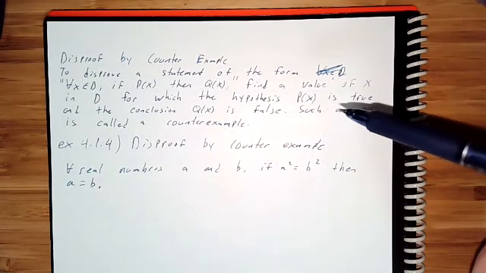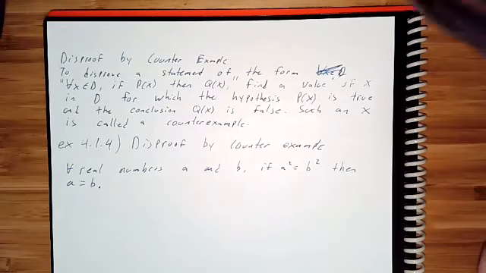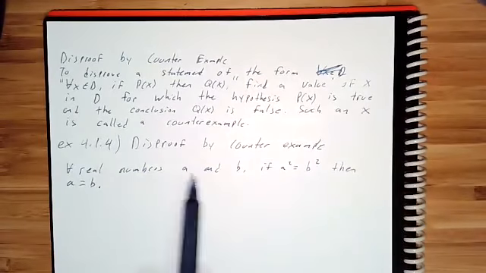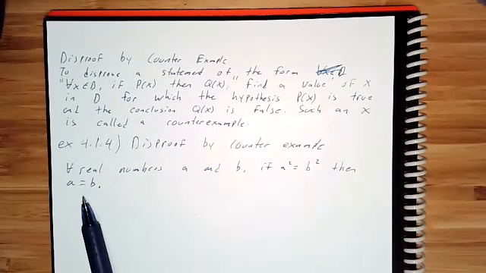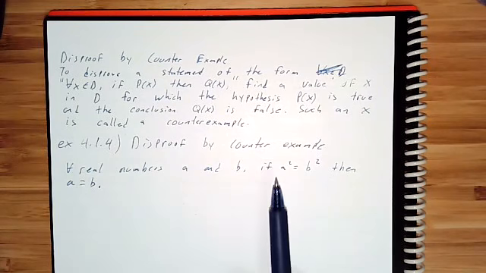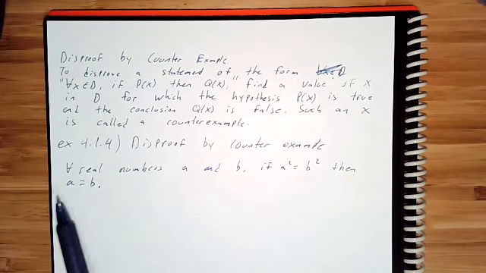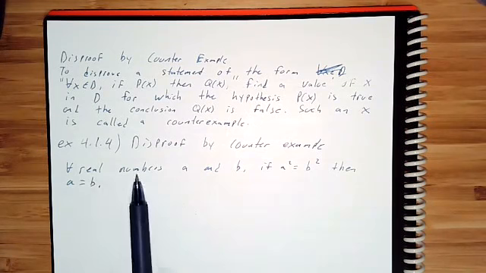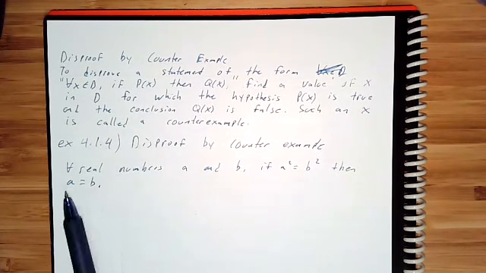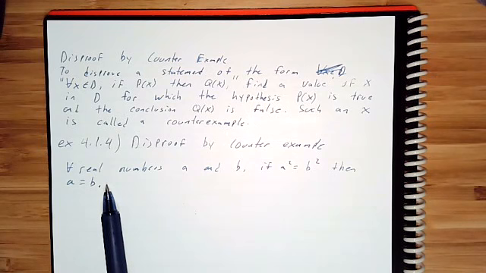You find an x that does this, make one specific example, and you disprove the entire thing. So for all real numbers a and b, if a squared equals b squared, then a equals b. So if the squares are equal for all real numbers, are the originals equal? Well, no, that's not true, right?